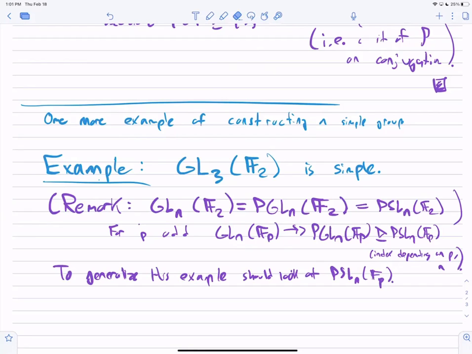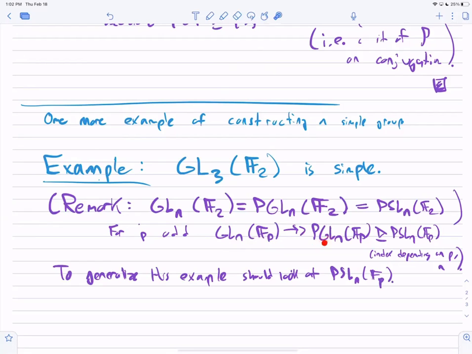But when p is larger than 2, there are scalars that are not 1, and so there are non-trivial matrices in the center. So GLn of Fp is never going to be simple because it contains a non-trivial center.